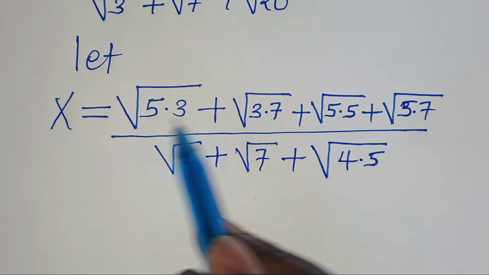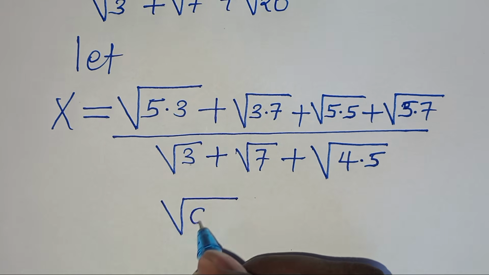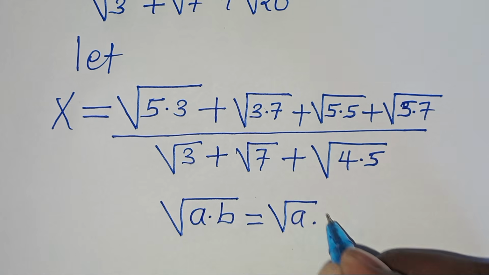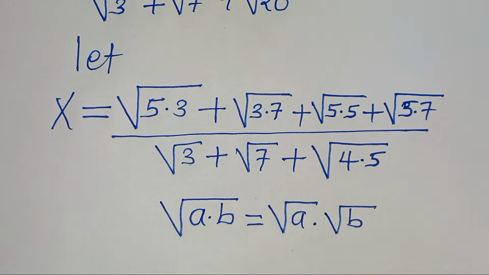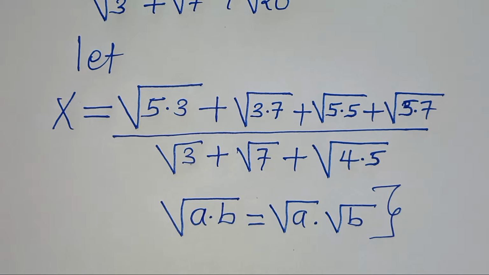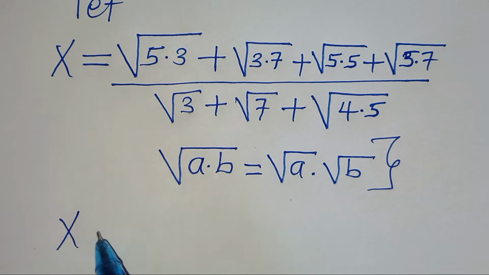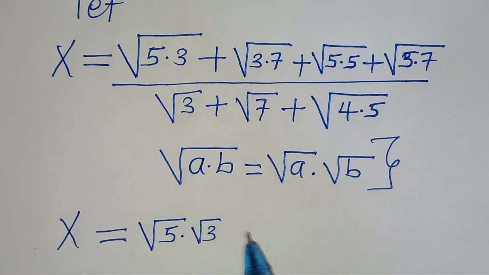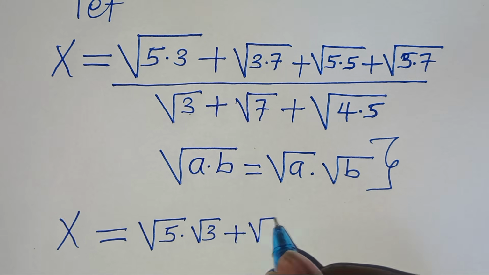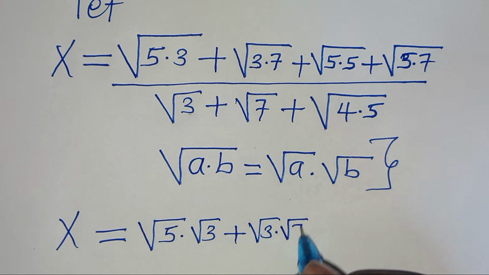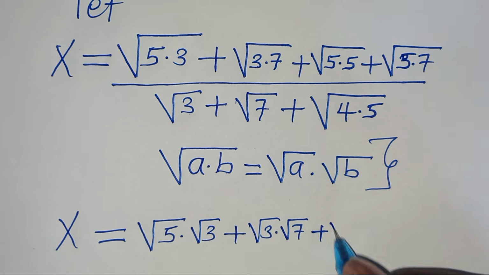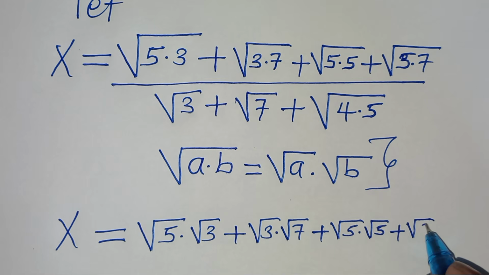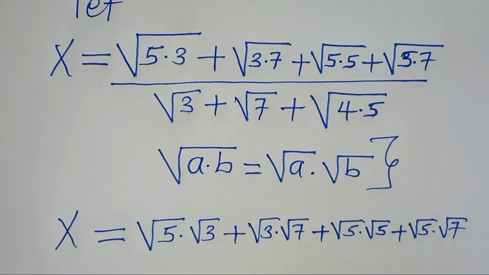Now, we have that this is in the form of the square root of a multiplied by b, which we can express as the square root of a times the square root of b. Applying this property, we have x is equal to the square root of 5 multiplied by the square root of 3, plus the square root of 3 multiplied by the square root of 7, plus the square root of 5 multiplied by the square root of 5, plus the square root of 5 multiplied by the square root of 7.